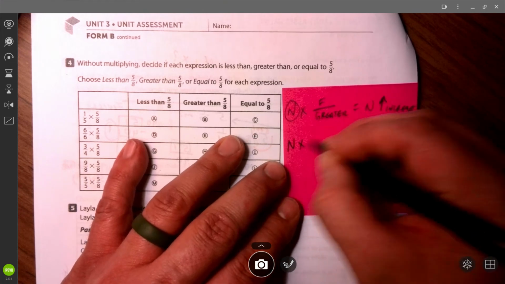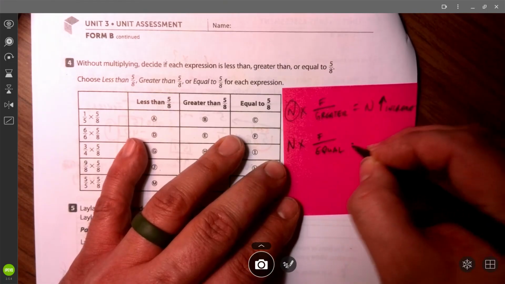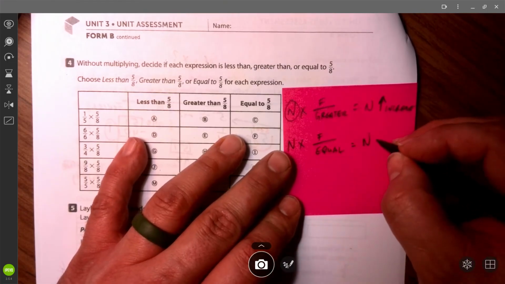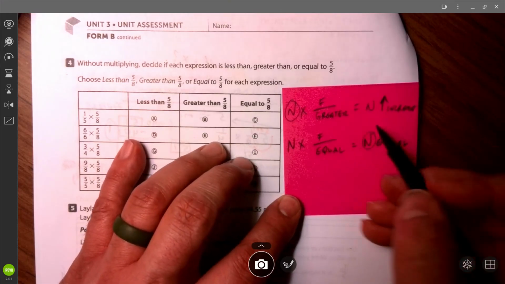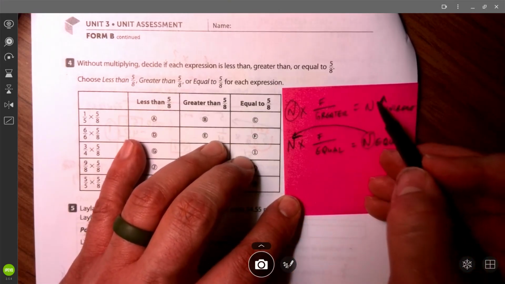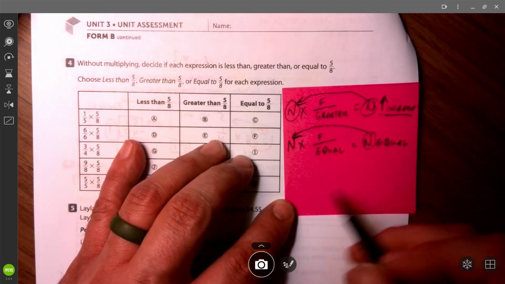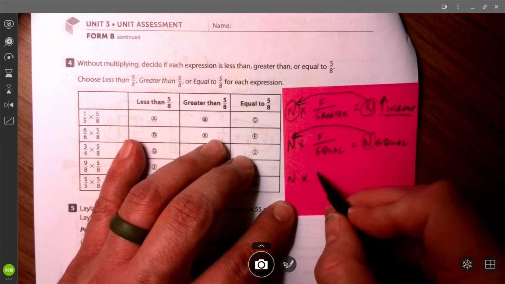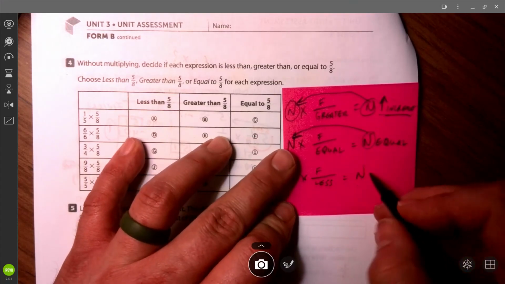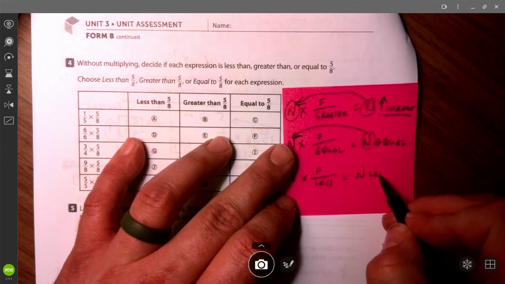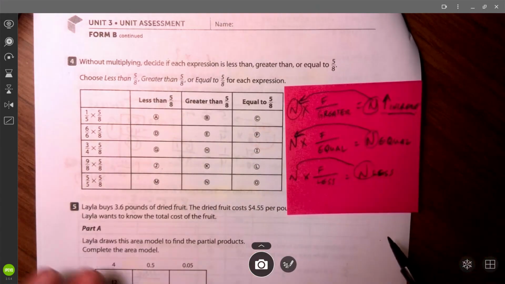And then we said a number times a fraction equal to 1 is going to make that number equal. This product is going to be equal to that number. This product is going to be greater than that. And then if we had a number times a fraction less than 1, then this product over here is going to be less than the number. It's going to be less than that, okay?